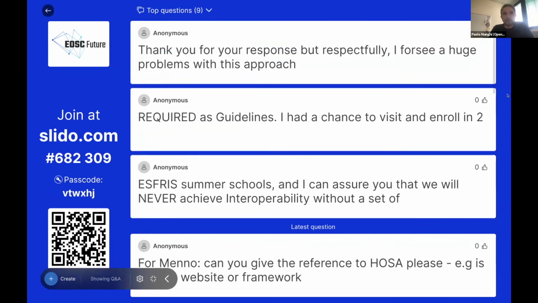Well, yes, we understand. Of course, this is not certainty, so it's a try. The only option that we had would be to impose standards to all the communities, which would never work, right? And it would not make sense, frankly, because as somebody has written here, mature communities in many cases are very mature. They have their own standards, their own practices, and they will not get out of those because of imposition.